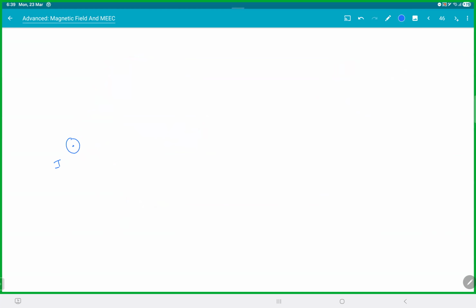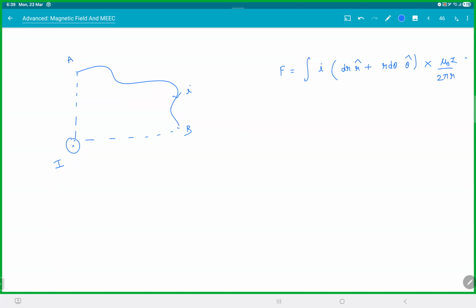If you have a current I, and another current-carrying wire I, so if this is R1 and this is R2, we use the same logic there. So force will be integral I dl. dl can be written as dr r cap plus r d theta theta cap, cross the magnetic field, which will be mu naught I by 2 pi r theta cap.